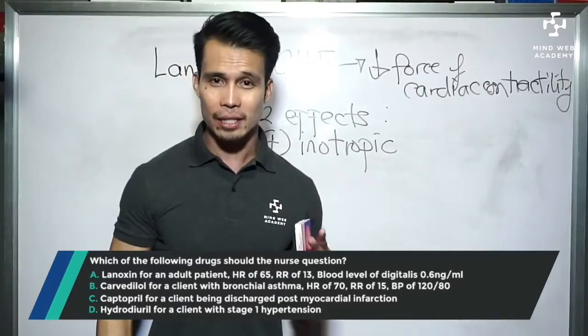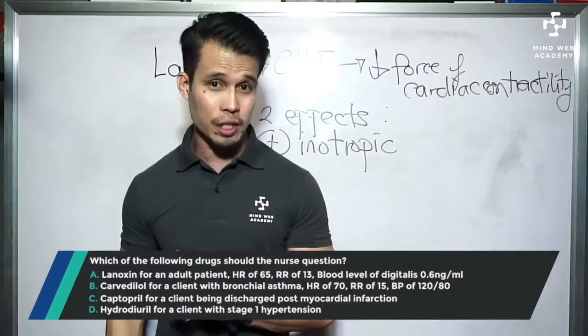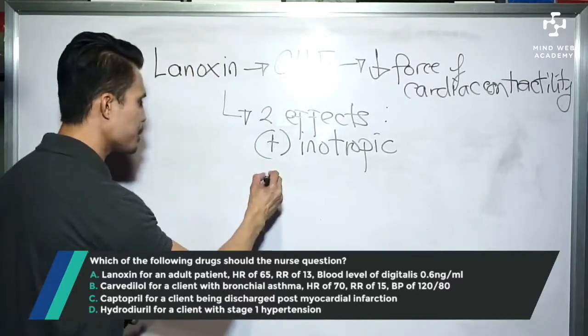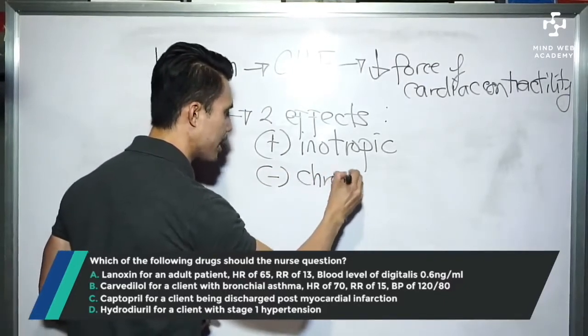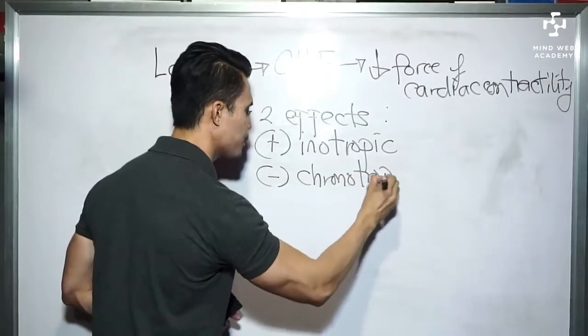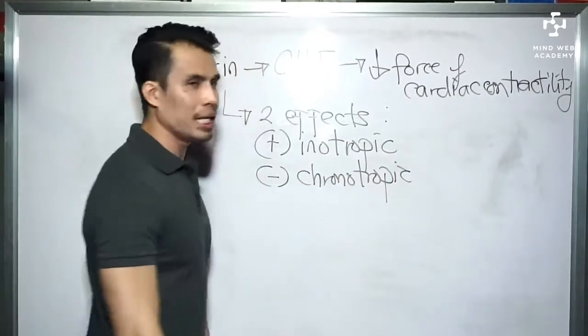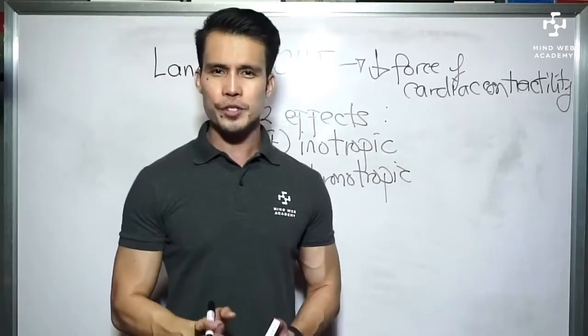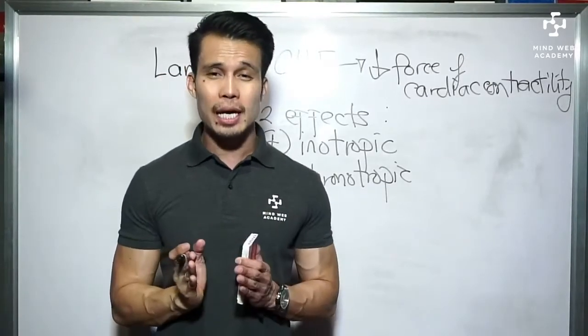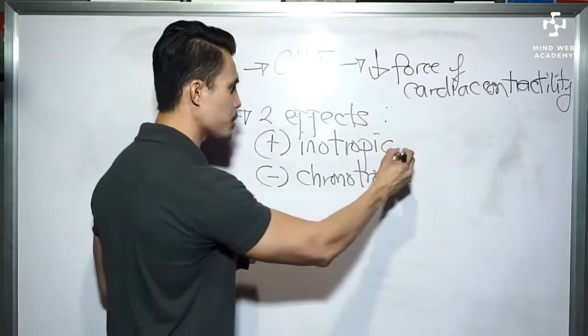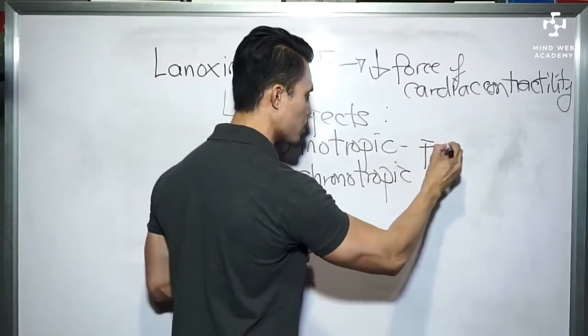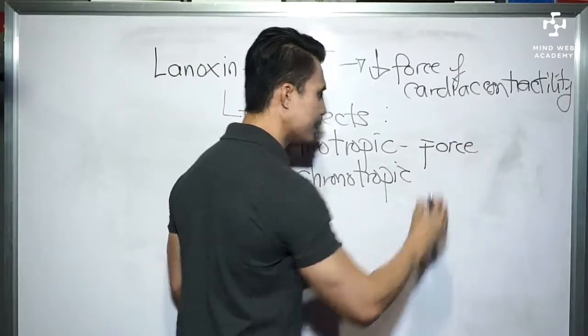The second effect of your Lanoxin, digoxin, or a cardiac glycoside is that it has a negative chronotropic effect. When you say inotropic, nurses, I'm talking about the force of cardiac contractility.